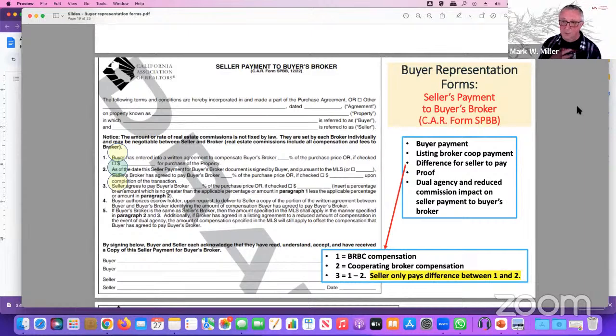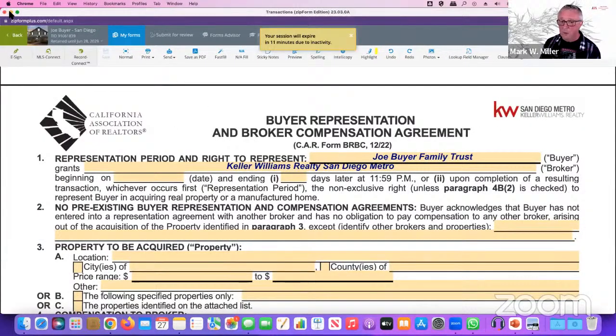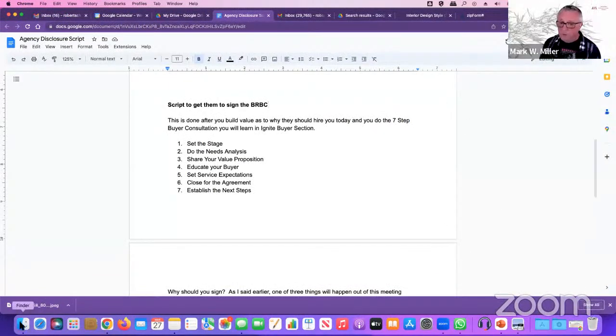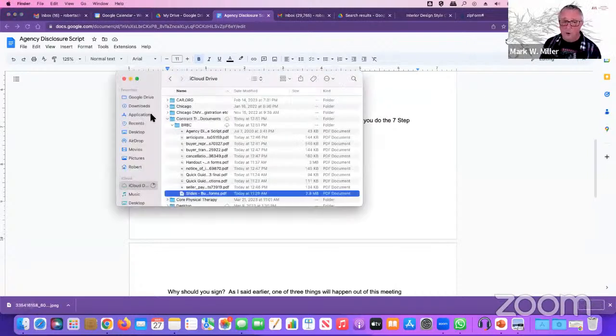And in the example I gave a little bit earlier, the compensation in the BRBC is 3%. The cooperating broker commission in the MLS is 2.5, and the buyer's agent has the option to ask the seller to pay that other 0.5% or that shortfall by filling out this SPBB form and sending it with the offer to the seller.